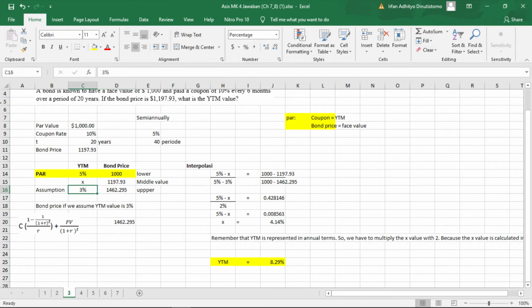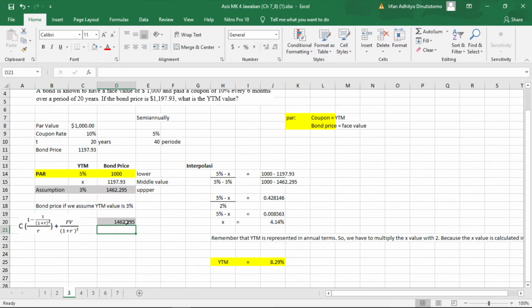Feel free to maybe predict 4%, as long as it's lower than the 5%, you feel free to predict the value. So bond price, if we assume the yield to maturity value, I'm going to mark this with gray. Alright, if we assume yield to maturity is 3%, it's this one.